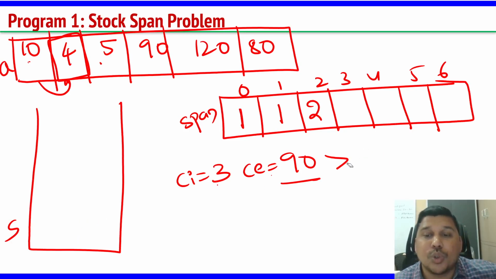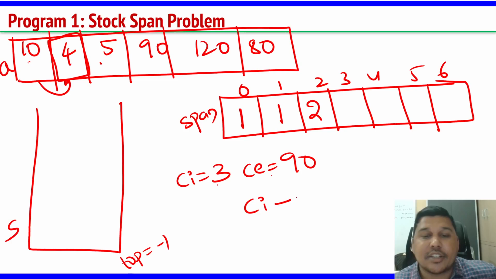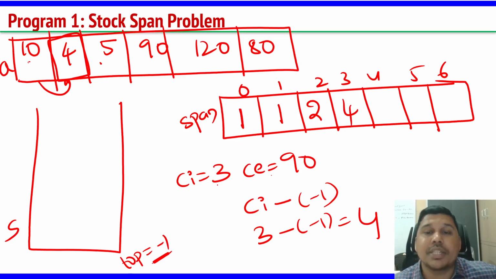How long should you do this process? Until the stack becomes empty. So what is my top now? My top is at -1. Once you reach the end, what you have to do is subtract the current index minus the stack top value, that is -1. So this is 3 minus -1, this becomes 4. So 4 comes here.